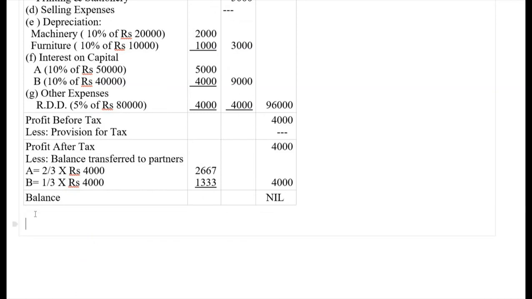Next one, we should prepare the statement of assets and liabilities as on 31/3/2017. Again, let me insert 4 columns here.